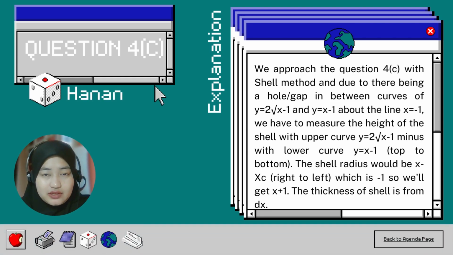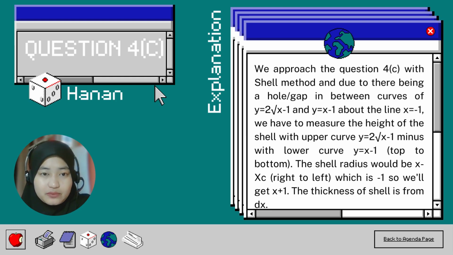For question 4C, we approach the question with the shell method, and due to there being a hole or gap in between the curves y equals 2 square root x minus 1 and y equals x minus 1, about the line x equals negative 1, we have to measure the height of the shell with the upper curve y equals 2 square root x minus 1 minus the lower curve y equals x minus 1.